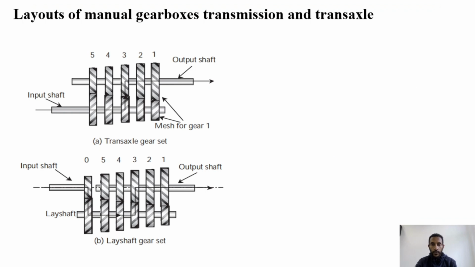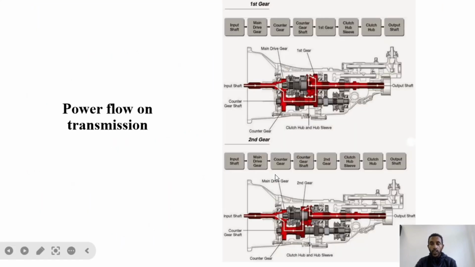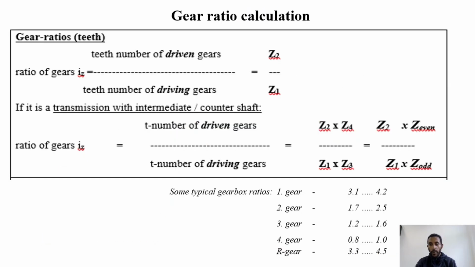If this counter shaft has first gear, second gear, then third, fourth, that means this is the drive, driven, drive, driven. 1 and 3, 2 and 4 are common, so that's why it uses this principle here. You see, 2 and 4 and 1 and 3. So the total number of driven gears over the total number of driving gears.